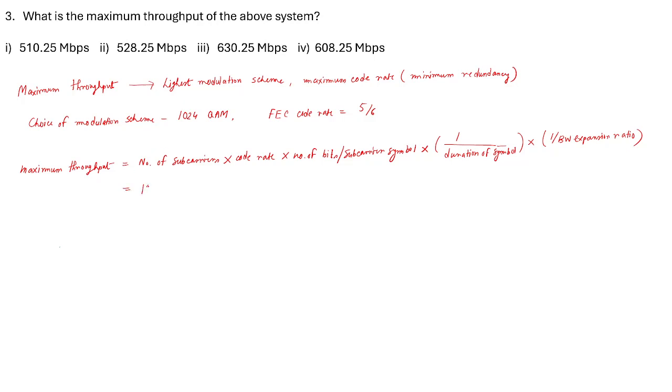So the number of subcarriers is 1024, the code rate is going to be 5/6, and the number of bits is going to be, let me write it down for your understanding. I haven't written it for BPSK, but for QAM I guess it might help. And 15 times 10 to the power minus 6 times 13/40. The two things that have changed compared to the previous computation are the code rate and the number of bits per symbol.